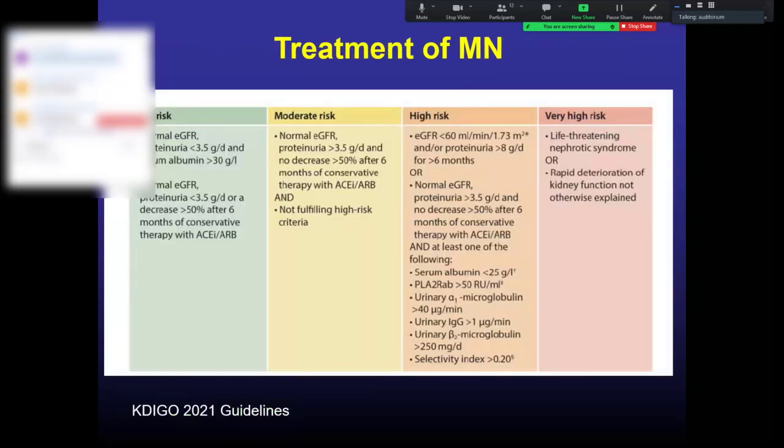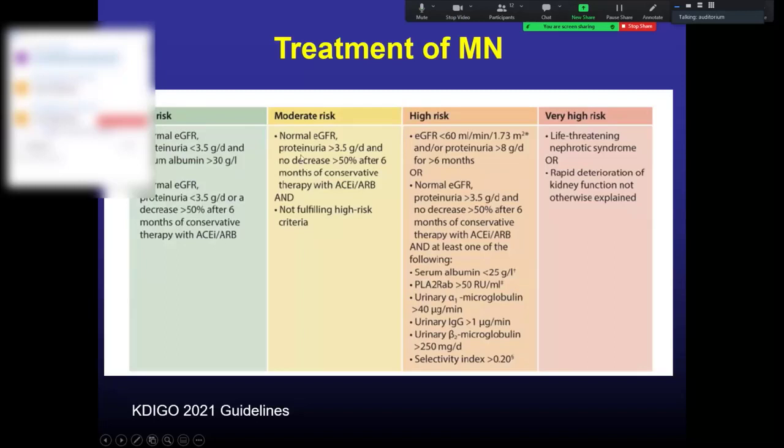So the treatment, obviously you want to rule out secondary causes. If it's primary, you treat by risk. If someone's low risk, meaning they have a normal eGFR and subnephrotic proteinuria, you can do conservative management with RAS blockade.